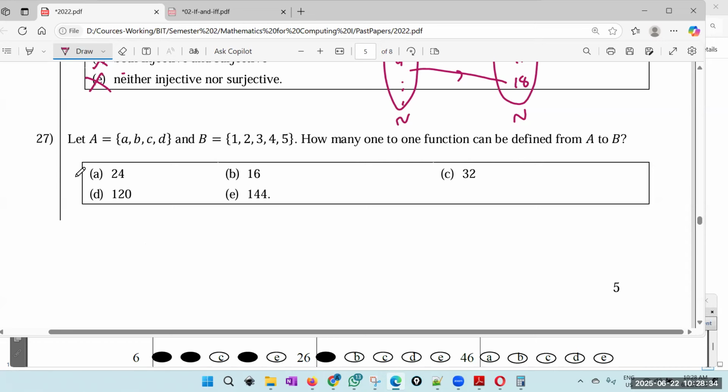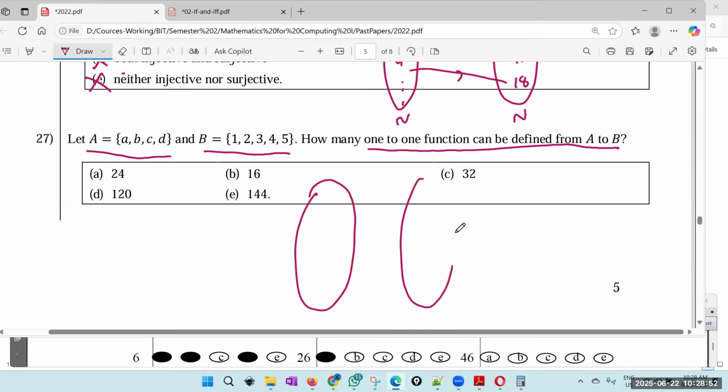27. Let A equal {A, B, C, D}, B equal {1, 2, 3, 4, 5}. How many one-to-one functions can be defined from A to B? That also looks like more of a combination question. A, B, C, D; 1, 2. This is a difficult question, definitely.